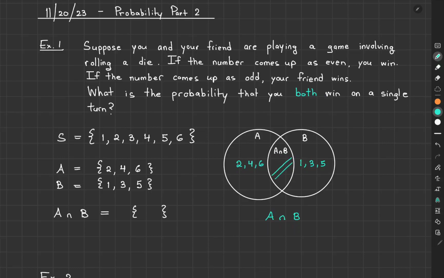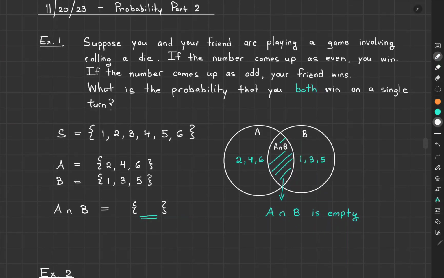So this intersection is empty. So I'm not going to put anything within that list. There's nothing that fulfills the criteria of being on both lists at the same time.